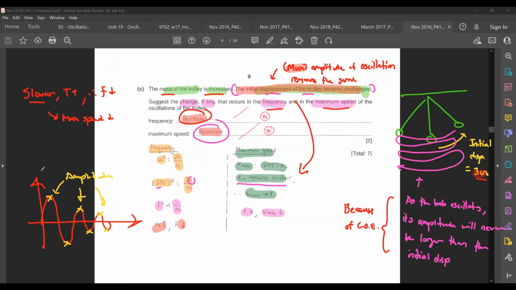All these are known as your amplitude, but this point particularly will be known as your maximum amplitude. So this one can never exceed the initial displacement. That's what I've been trying to tell you right now.